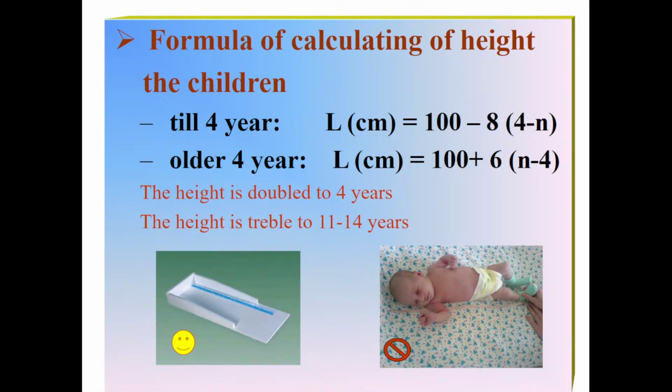Formula of calculating height in children up to 4 years and older than 4 years. Up to 4 years, it's length in centimeters: 100 minus 8n, where n is the number of years, not months.